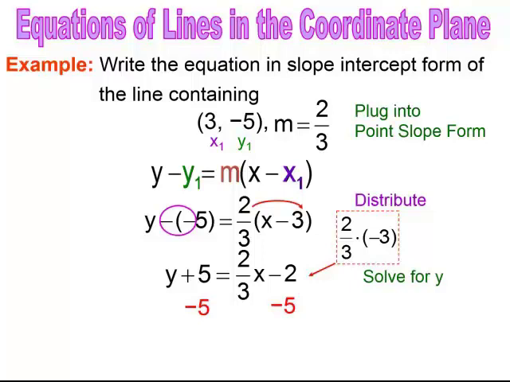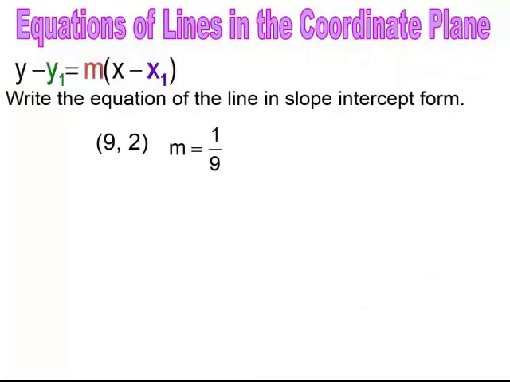And you can subtract it from the constant, that -2, and then you'll have your equation of the line. So the equation of the line with the point (3, -5) that has a slope 2/3, you end up with y equals 2/3 x minus 7.